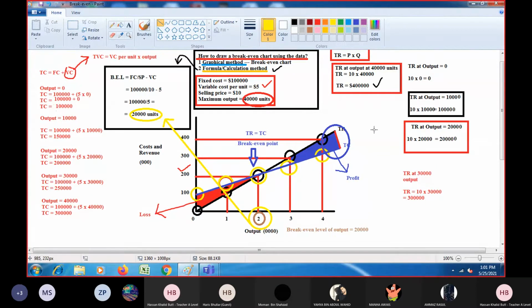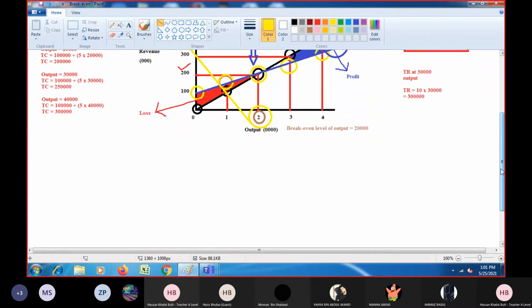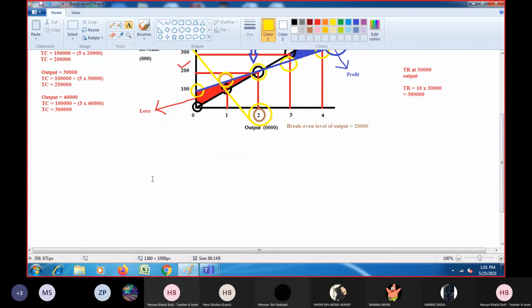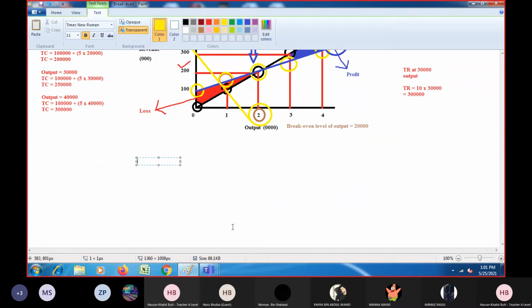All right. Now after that, we'll talk about another concept that is also very important, and that is what we call safety margin. Let me use another color because it's not that visible. Safety margin. Okay, now what is safety margin?